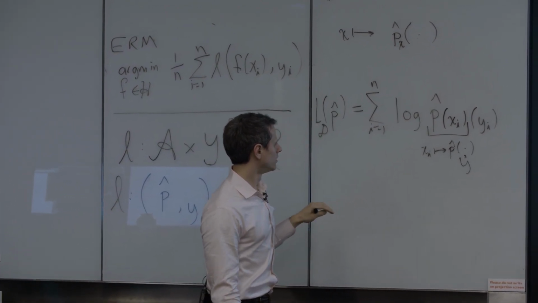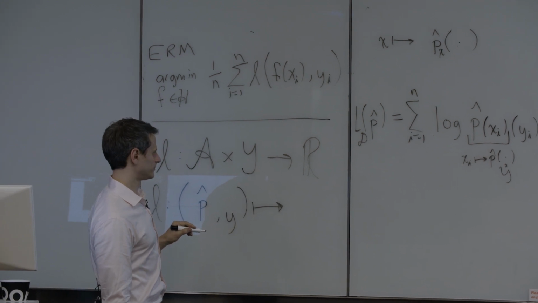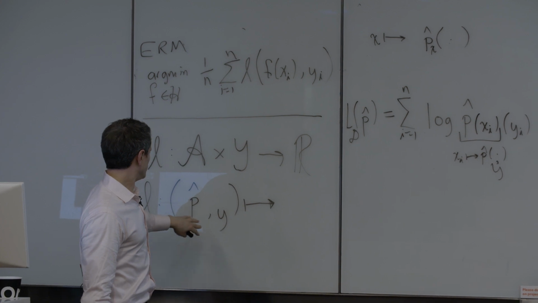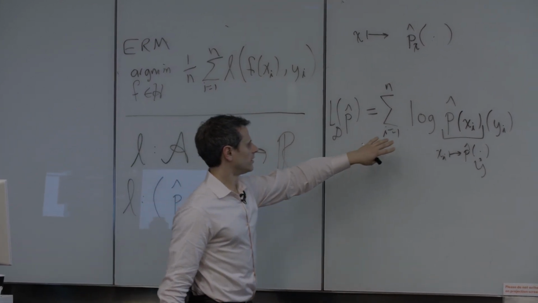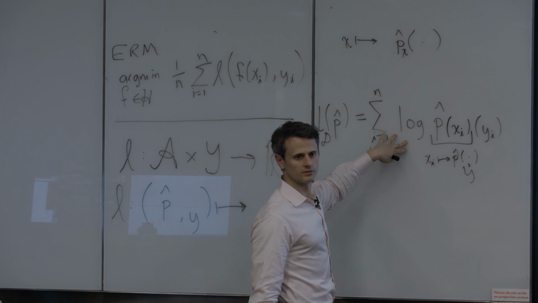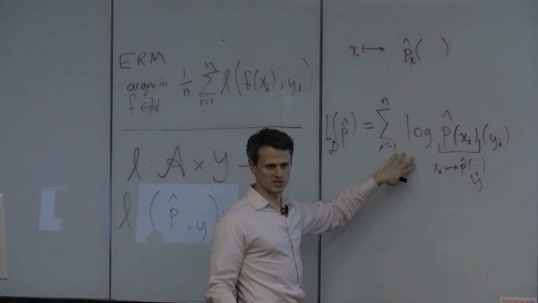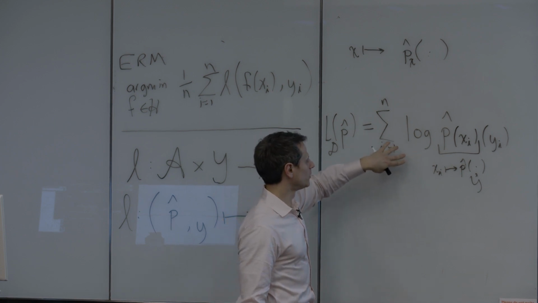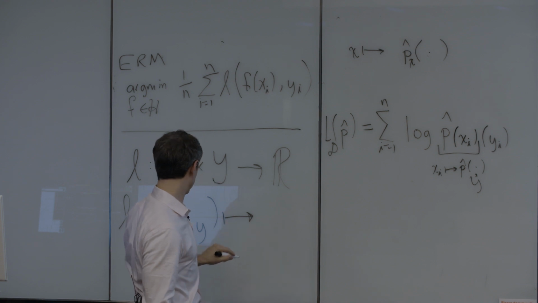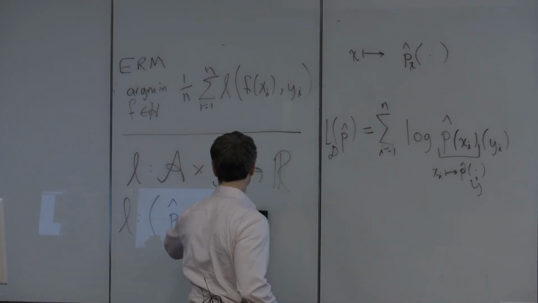We want this to be large or small? We want this to be large because we want to maximize the likelihood. We want loss functions to be small. So in some sense, the loss function should be the negative of this. So let's write this down. Yeah, right on the next board here.